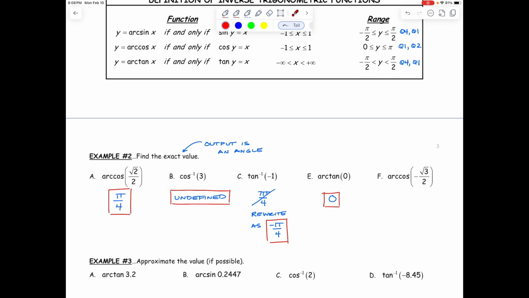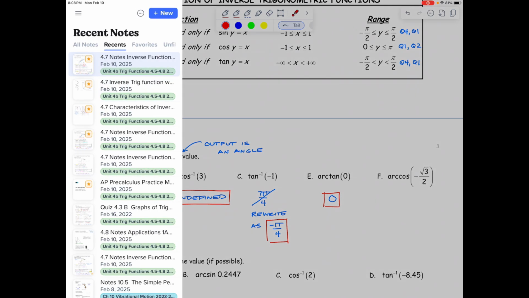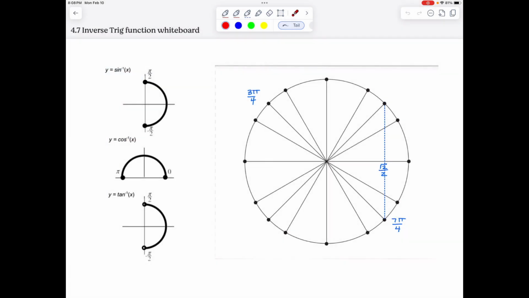Arc cosine, negative root 3 over 2. So we're looking for a value that is in the second and third quadrant. So this is where your cosines are negative. And that's going to be here at 5 pi over 6 and at 7 pi over 6.